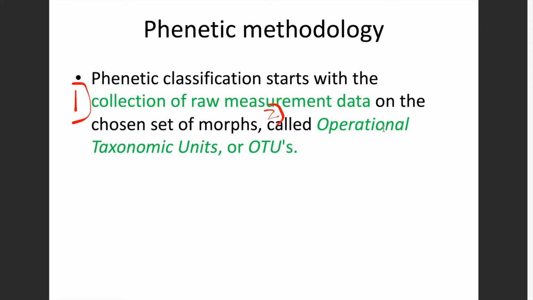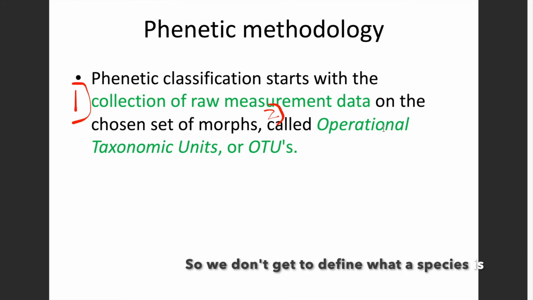Okay ba yun? When we say operational taxonomic unit, it is a taxonomic group that we, researchers, create to simplify our study, our explanation of which is which.